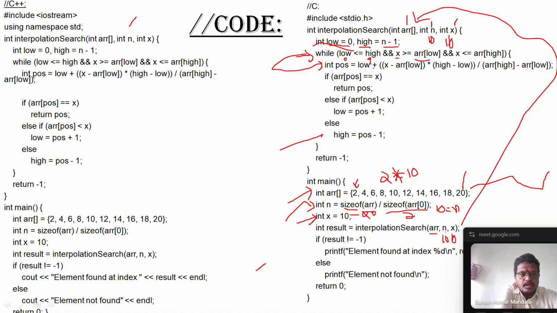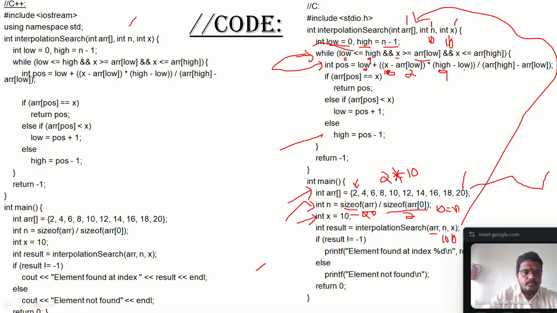So we use the formula. What is the low value? 0. I will write here 0. And x value is 10. Arr of low is 2. The high value is 9.